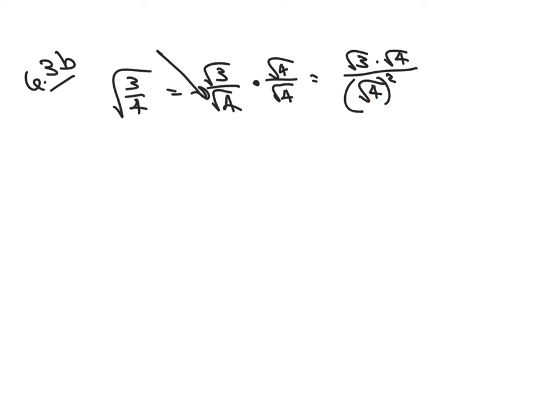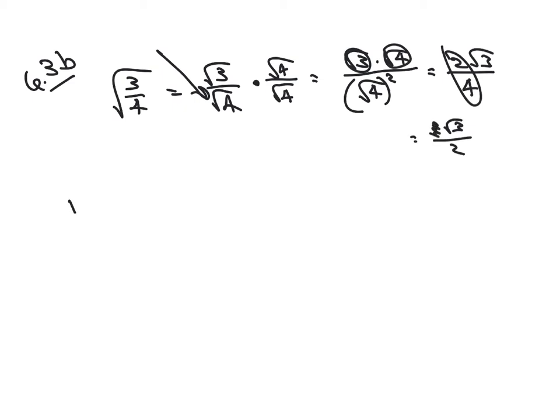So we have 4, and square root of 4 is 2, and square root of 3, can't do anything, so that stays like that. Now we have a 2 over 4, which is the same as 1/2. And then we don't even need the 1 there, so the square root of 3 over 2.